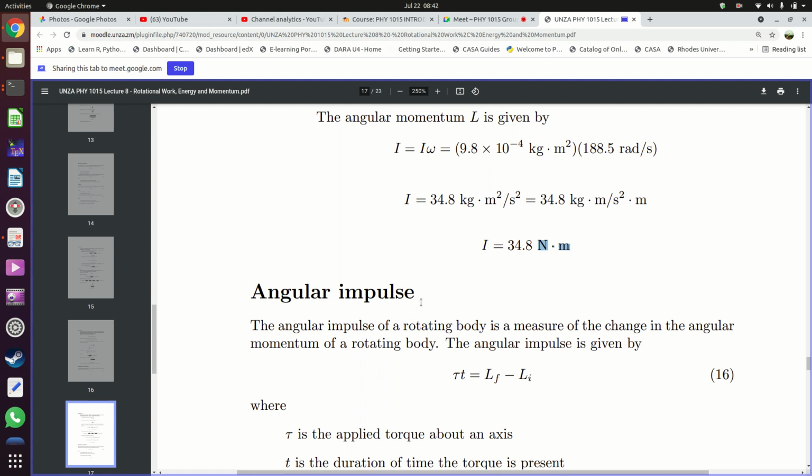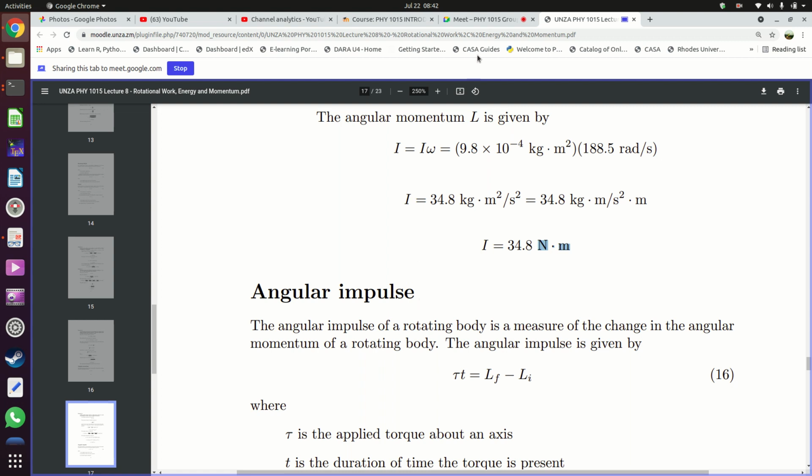Impulse measures how much motion an object has gained as a result of the presence of a force for a certain amount of time, or how much motion an object has lost. Linear momentum measures the amount of motion which is there. Impulse measures the amount of motion which has been gained by an object as a result of a force acting on this particular object for a certain amount of time.